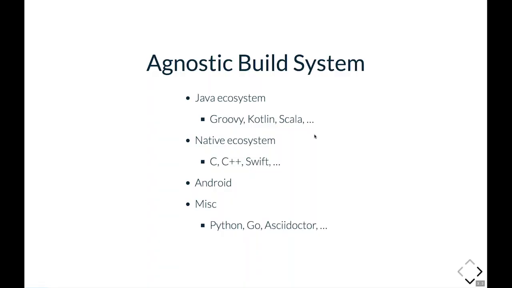We also have plugins from different people in the community that work for Python and Go. What I like to mention often is that this presentation uses AsciiDoctor and is built using Gradle and some dependency management features of Gradle. So Gradle is agnostic and lets you build different systems.